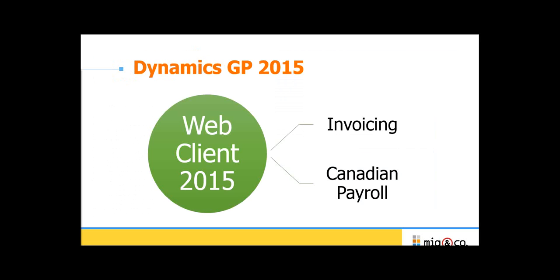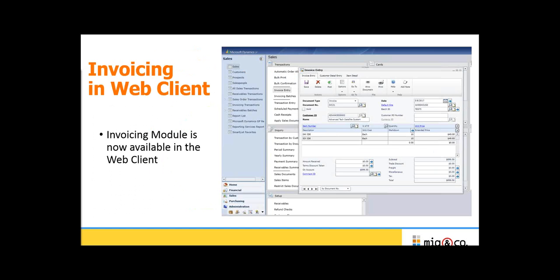All right, so under the web client, we can see that we have added invoicing and Canadian payroll to that list. And let's take a look at the invoicing module. The invoicing has been made available in the Dynamics GP web client for 2015 to provide an option for generating sales documents.